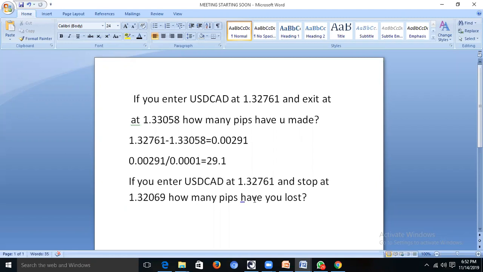To answer this question, you just go the way we did it the second time. You just say 1.32761, that is the entry price, minus the stop loss price, 1.32069. So if you do this, let's see what number will come out.